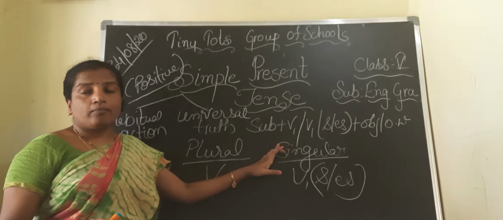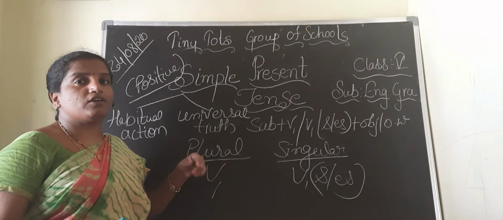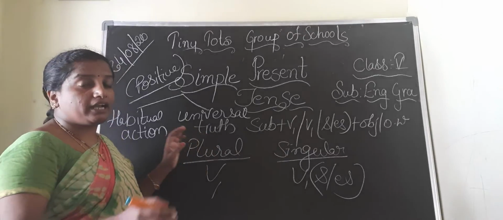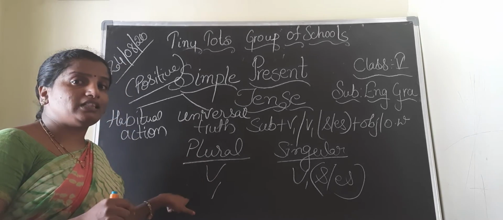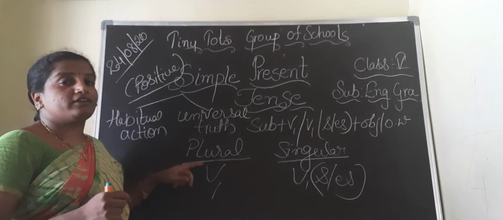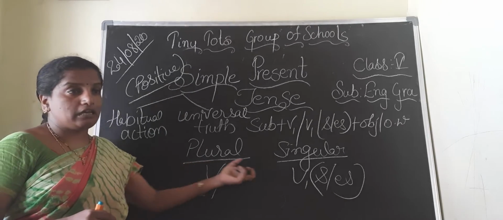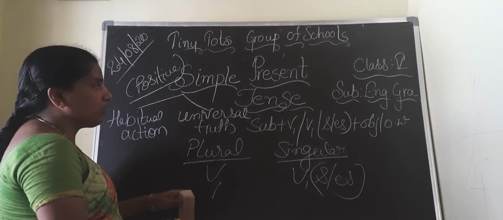Whenever we talk about the simple present tense, we have to use V1 or V1 with s or es along with the subject. According to the subject, we use either V1 or V1 with s or es. If our subject is plural, we use V1. If our subject is singular, we use V1 with s or es.